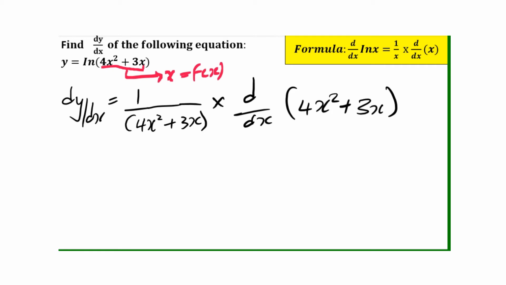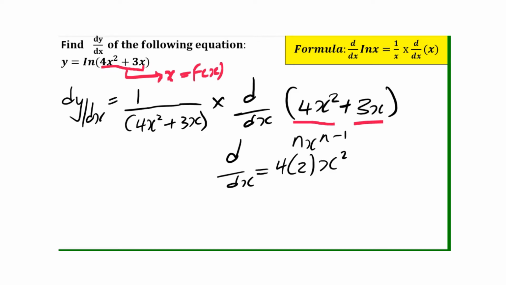Okay, so for your d over dx, you're gonna have to differentiate this. You're gonna have to differentiate 4x squared and 3x. So to differentiate 4x squared, you're gonna get 4 into, you apply that formula, the one that we just applied on the previous example. So your n is 2, x to the power of 2 minus 1, plus 3x.